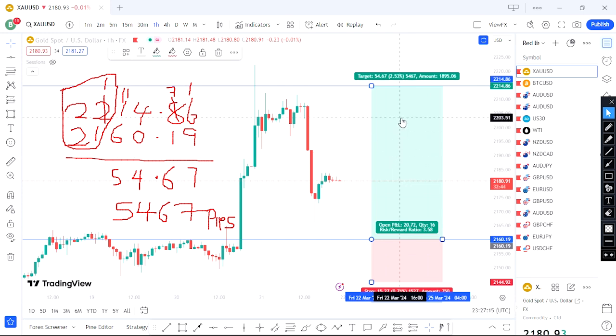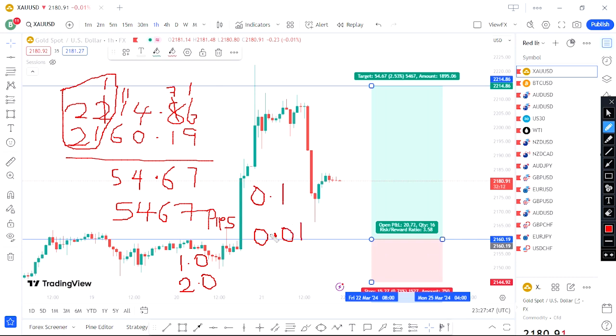So now, what is the implication of these pips on lot size? Let's say we have one standard lot, 2 standard lots, then we have a mini lot, and we also have a micro lot. How much are we expected to make using these pips as an example?